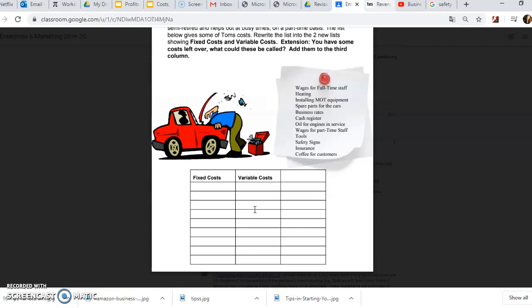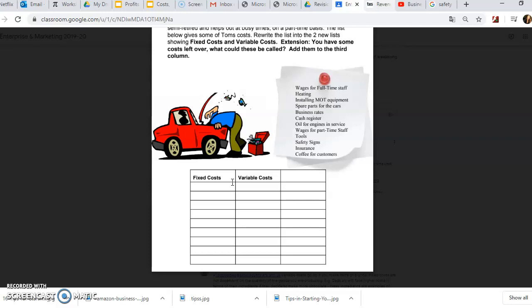And then we have coffee for customers, which I would say is quite ambiguous because that could count as something that depends on the amount produced, because customers come in and you give them coffee depending on how many people come in. But at the same time, if you are always leaving some coffee out for people, that could also count as a fixed cost. As long as you justify that, you should be able to get the mark in an exam.